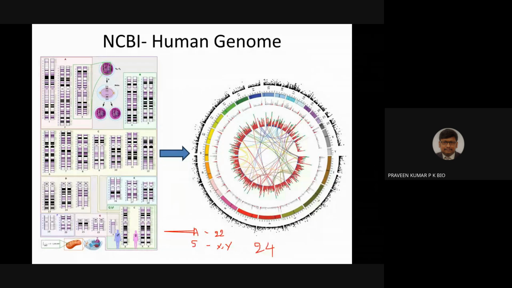These 24 chromosomes give this circular shape. But there is also one more piece of information, that is mitochondria. The genes you find from the mitochondria give another kind of genome, the mitochondrial genome. Again, it's a circular shape. You got it? So autosomes and sex chromosomes together, you find this.